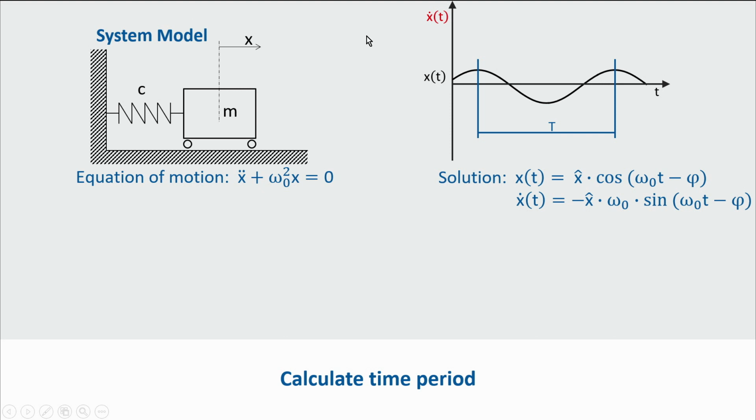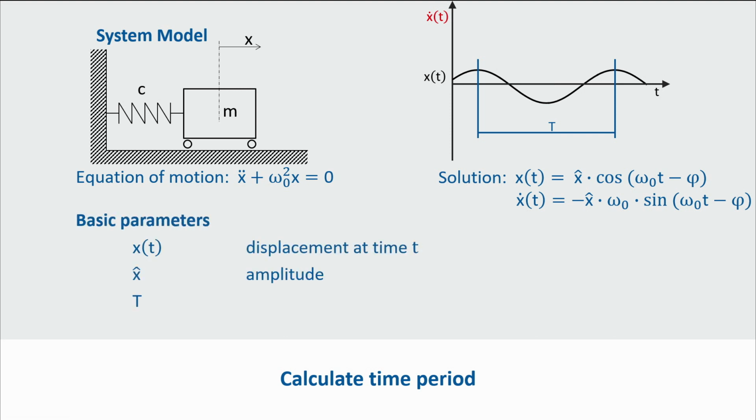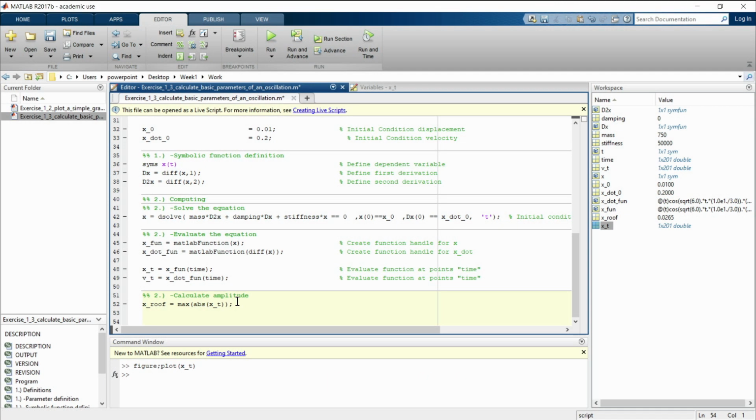Our time period is the time between two maximums. In order to do that, we switch to Matlab again, and we define a new section which is called calculate time period.